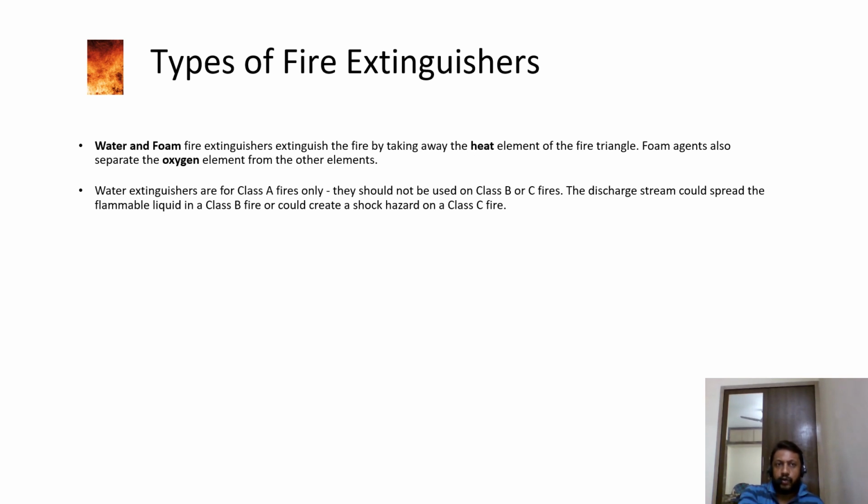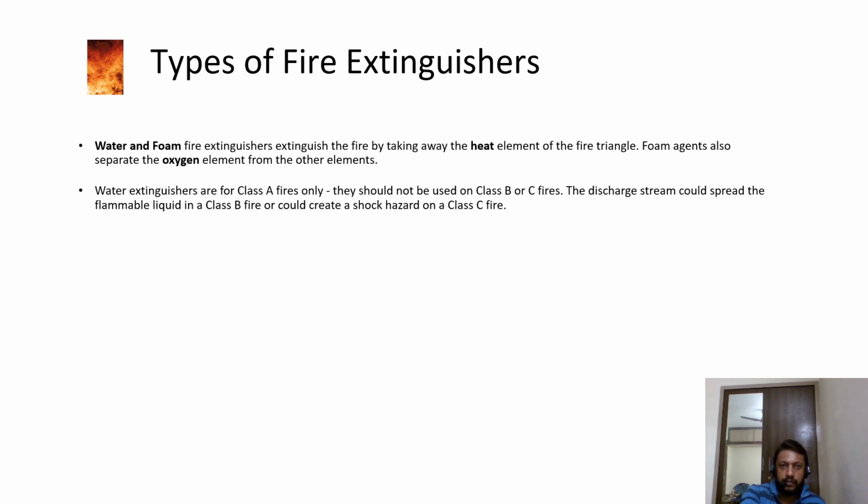Here, the water and foam extinguishers cut off the heat element of the fire triangle. The foam agent also separates the oxygen element from the fuel. So if either heat, oxygen or fuel is cut, the triangle gets broken and the fire extinguishes.